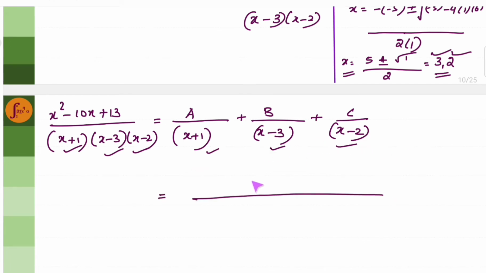We can take LCM, or you can multiply on both the sides by the denominator, right? Again, there are two methods. You can either use LCM or multiply on both the sides by the denominator.